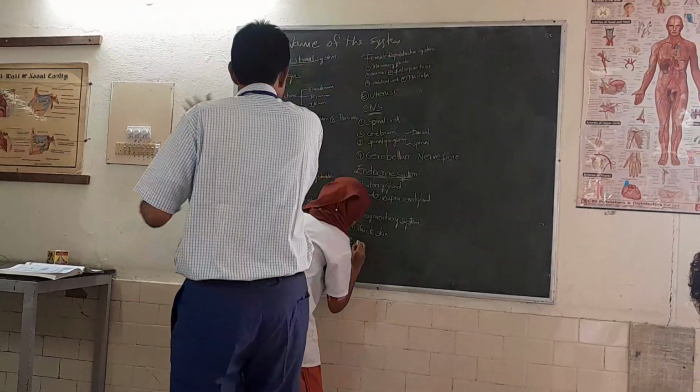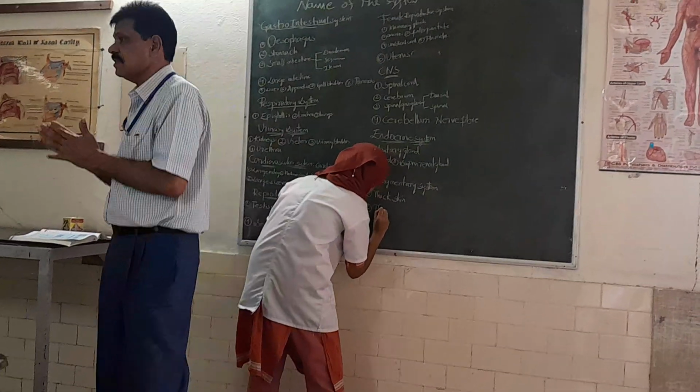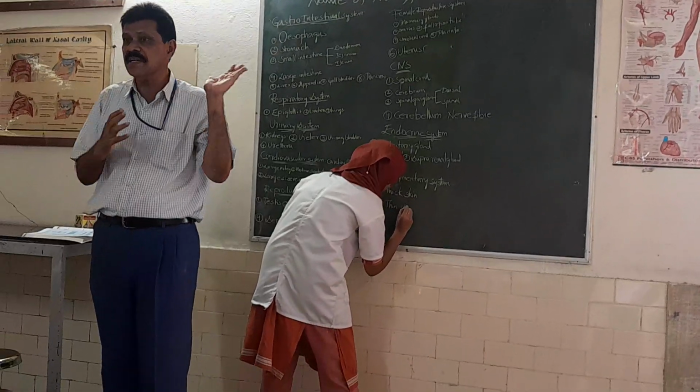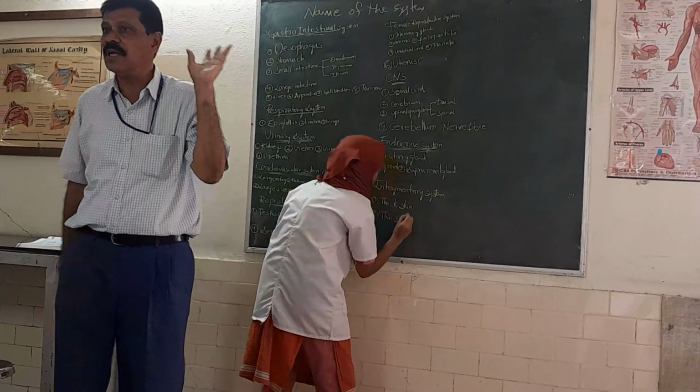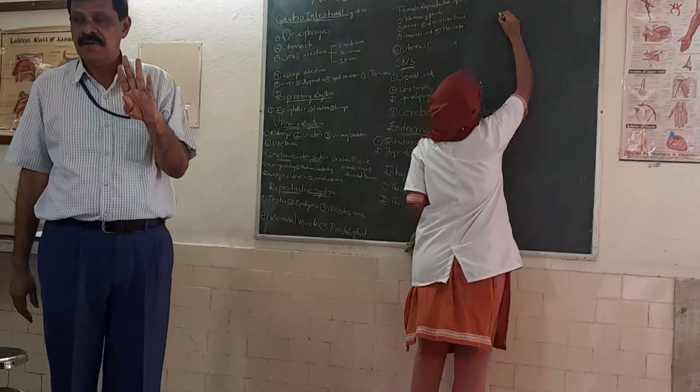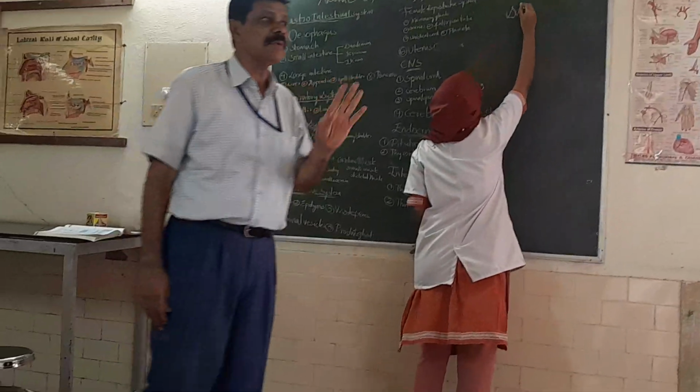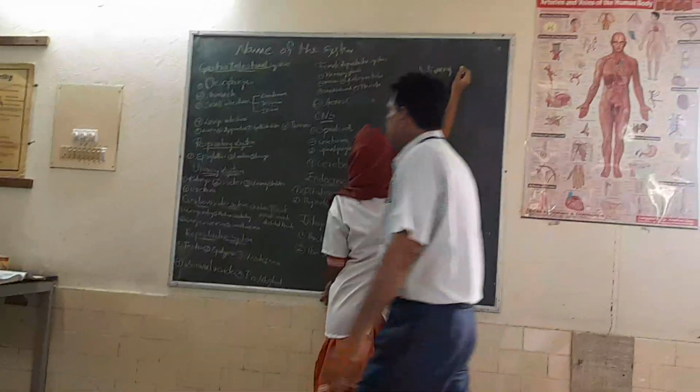Salivary glands. They will be included in the digestive system, but we missed that. What are the 3 salivary glands? Serous, mucus, and mixed. We add them in the digestive system.